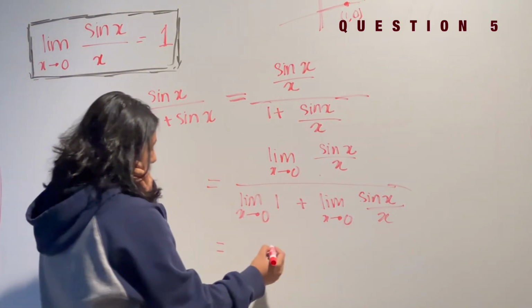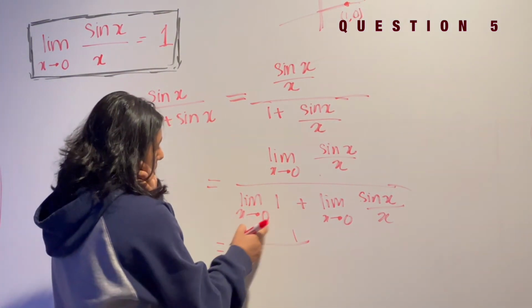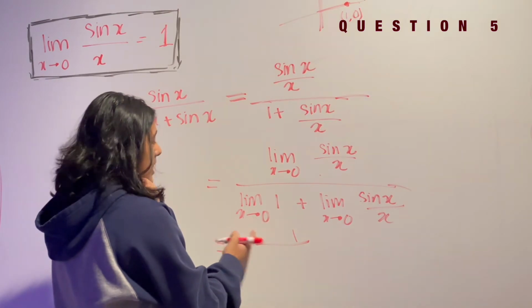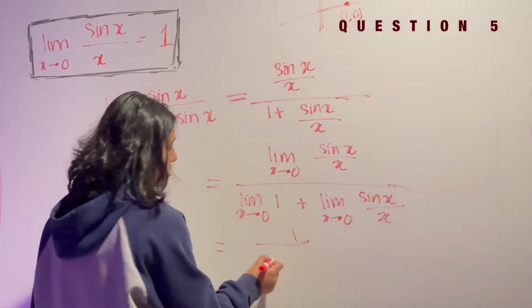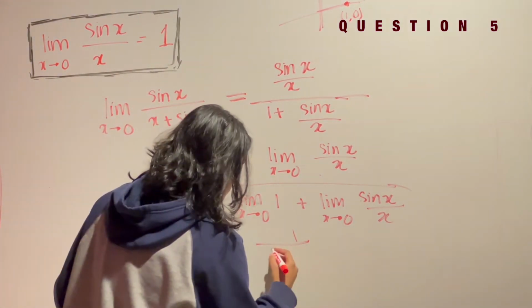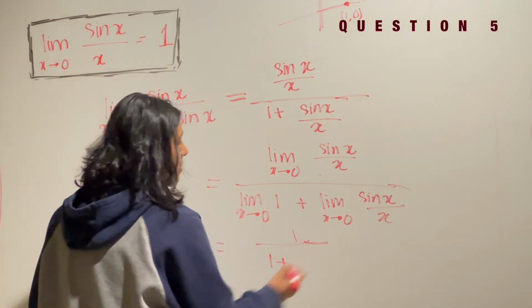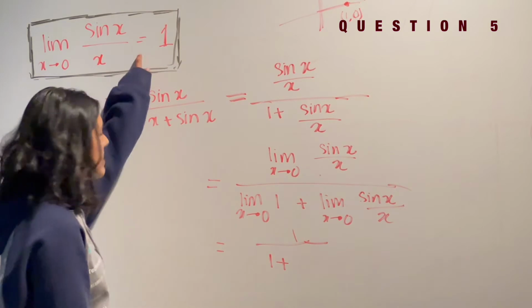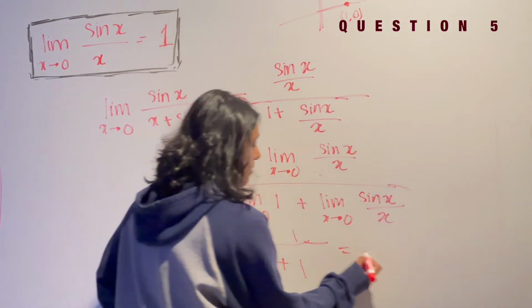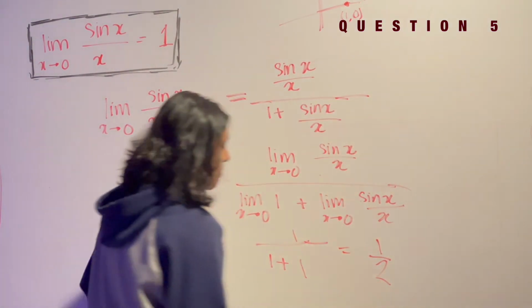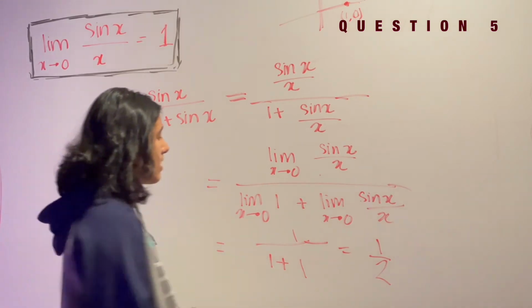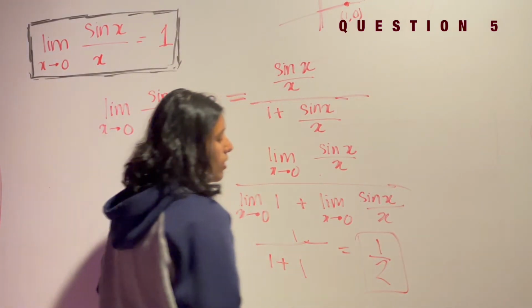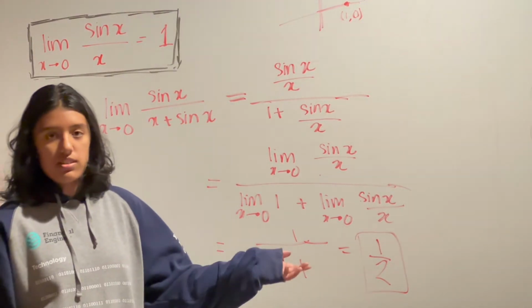We know the limit of 1 as x tends to 0 is simply 1. And we also know that the limit of sine x over x is also 1, hence our formula. Now, simplifying this, we simply get 1 over 2, we add these, and 1 over 2 is our final answer.